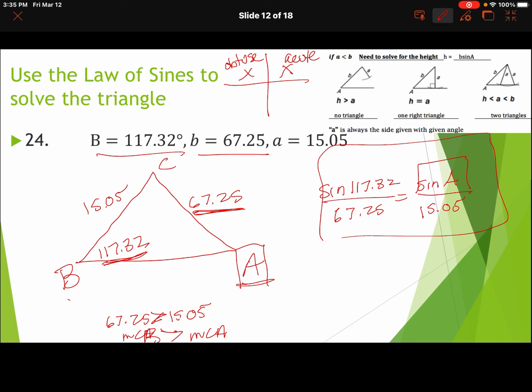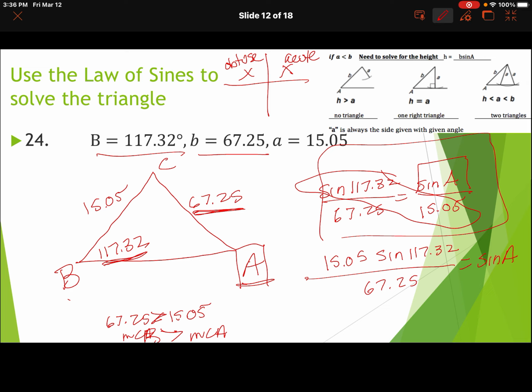Now I put it in my calculator and I do 15.05 times sine of 117.32, and divide it by 67.25. Now be careful, because this equals sine of A, so I'm going to have to do something when I do that.